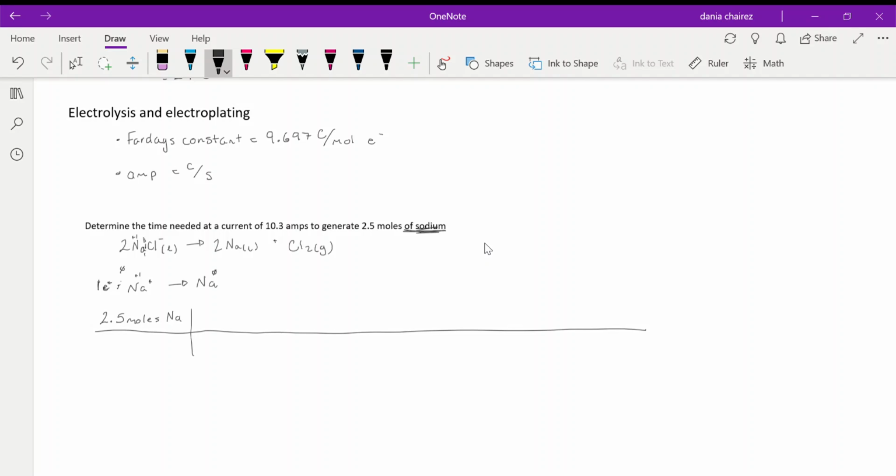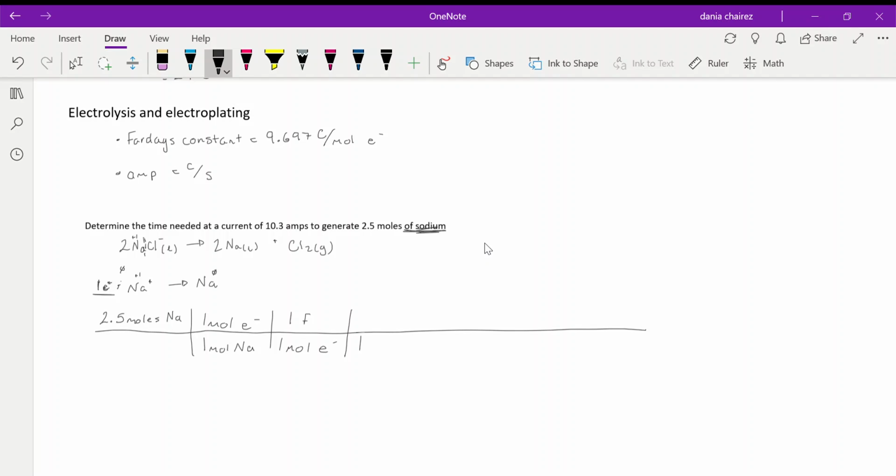So 2.5 moles of Na, and then per every 1 mole of sodium, we have 1 mole of electrons, because that's what we figured out here in our half reaction. And then per every 1 mole of electron, we have 1 Faraday, which is just going to be written with an F here.